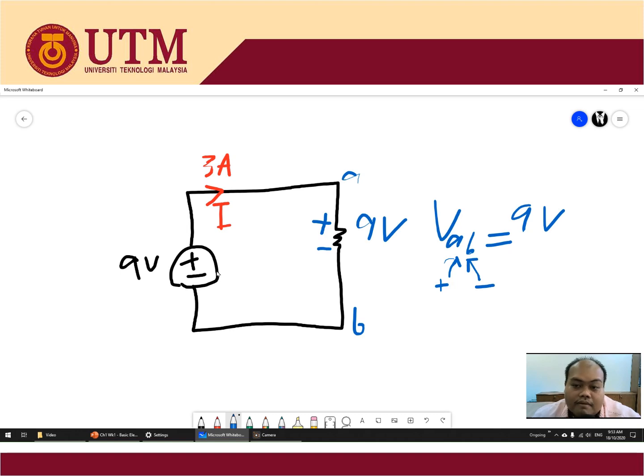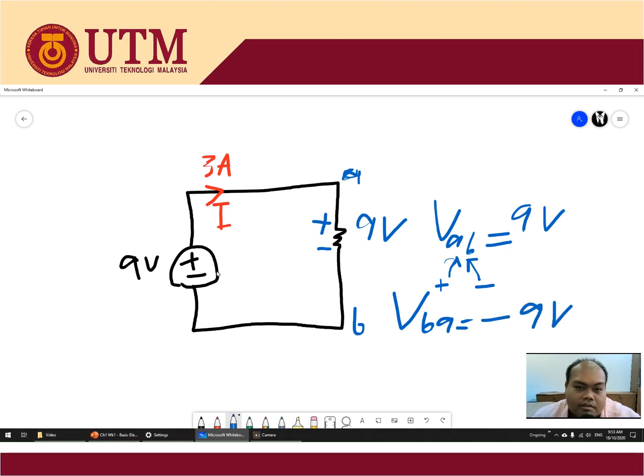Don't just put V positive, negative, but put VAB if there are points here, A and B. So VAB equals 9 volt. How about VBA? That means from this one to this one, it is against the current, so it is basically negative 9 volt.